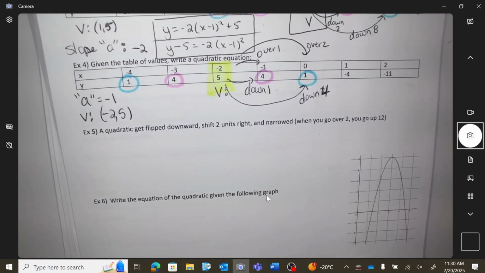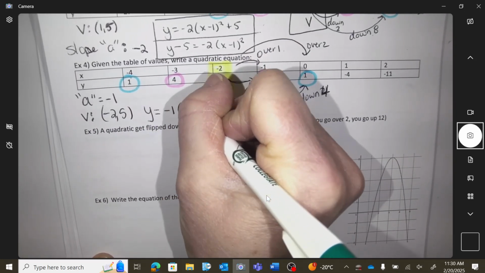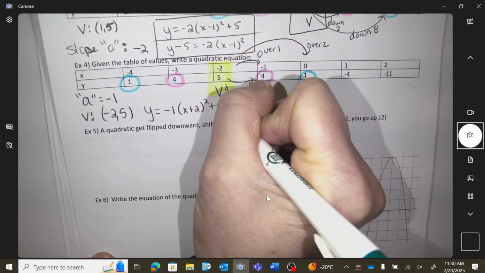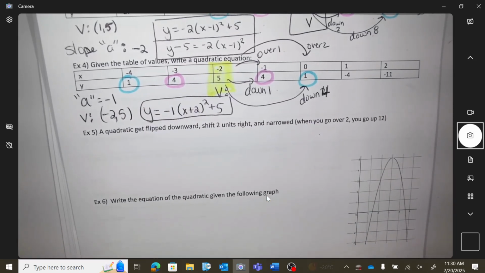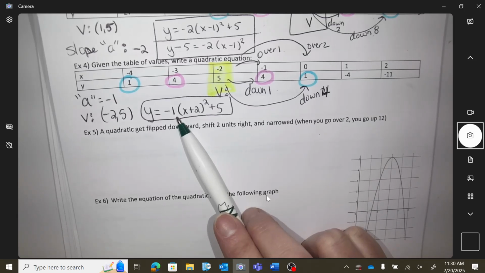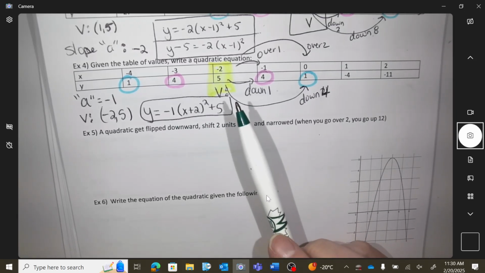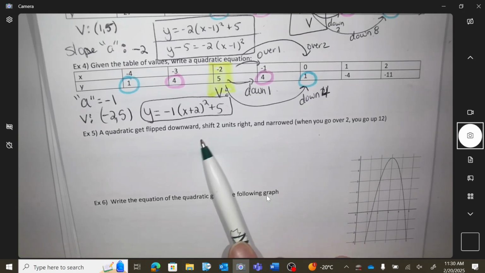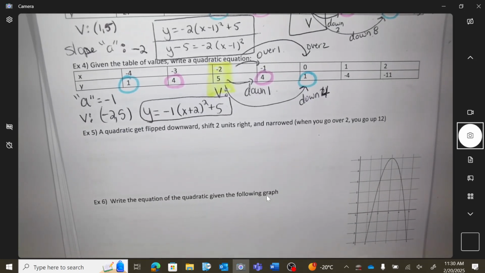Okay, so once you have your important info, vertex, slope, okay, -1 in the front, x plus 2 squared, and you're either doing a +5 there or -5 on the y side.